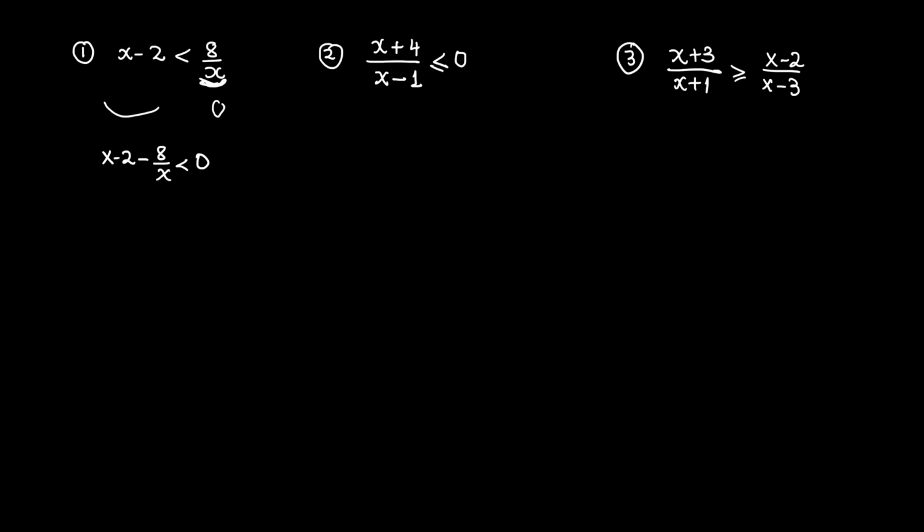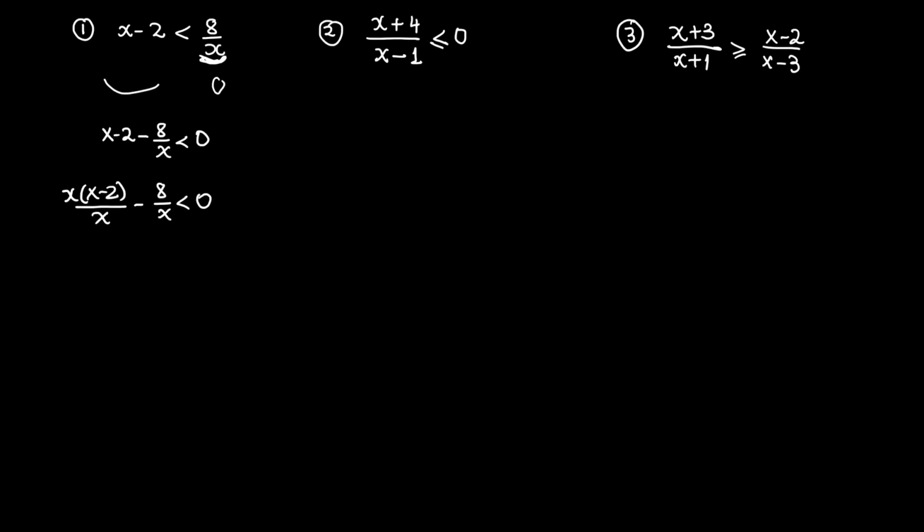Now, to have just one big fraction, I can multiply x minus 2 and divide also by x, because I can cancel and it still gives me x minus 2, minus 8 over x has to be less than 0. Then I have x squared minus 2x minus 8, divided by x, less than 0.